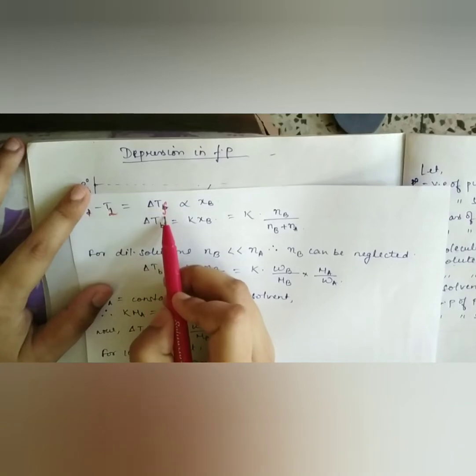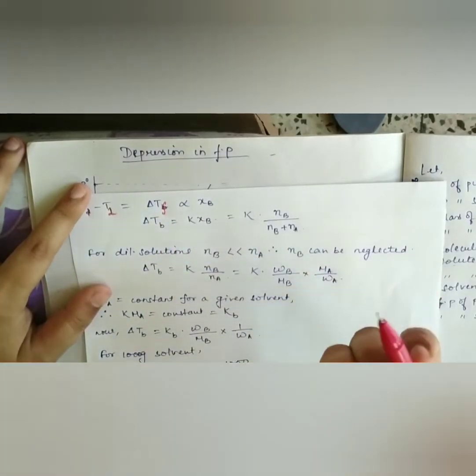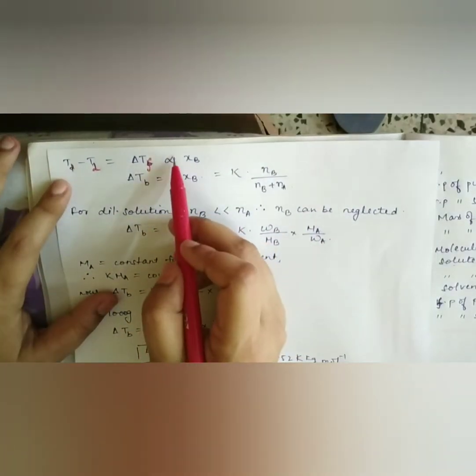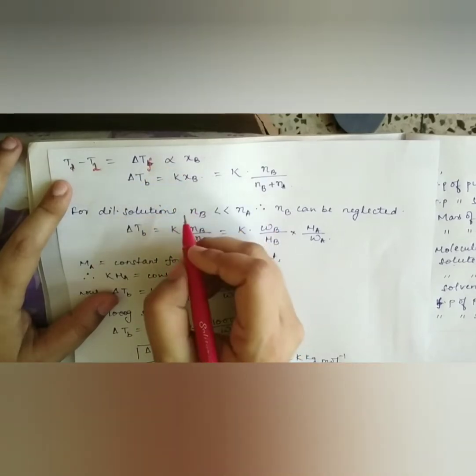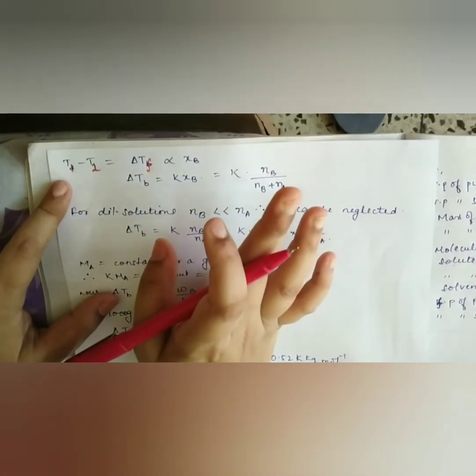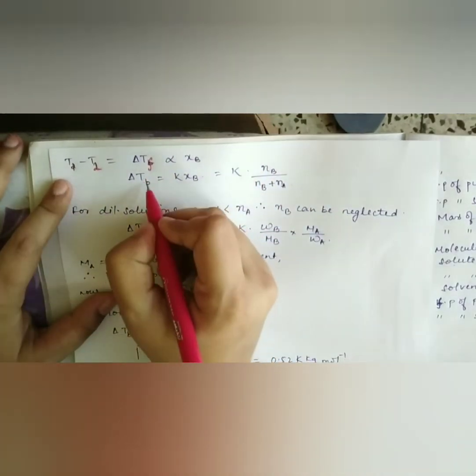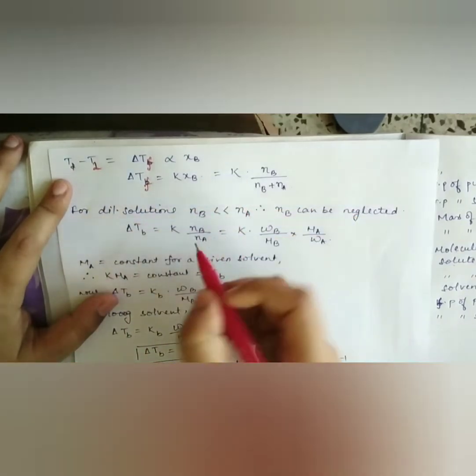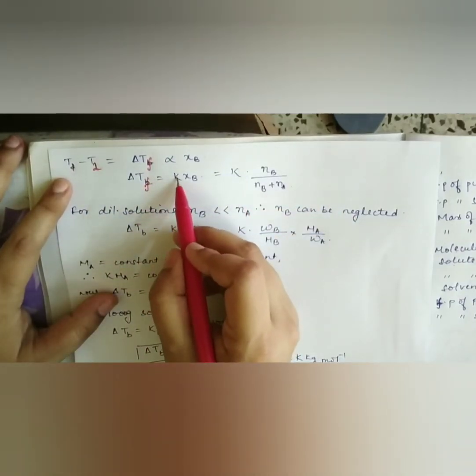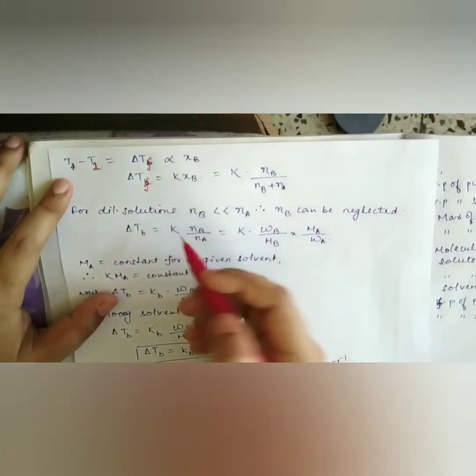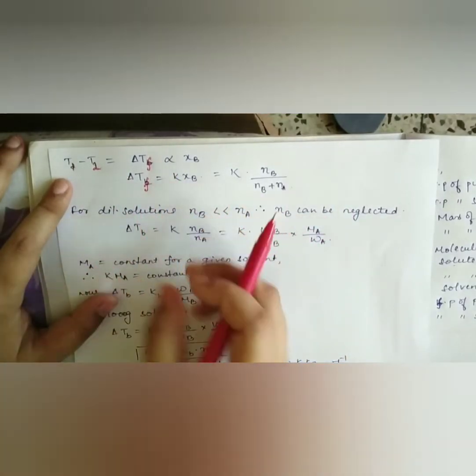So delta TF, since again it is a colligative property, will be directly proportional to XB. Okay, so again delta TF will be equal to K XB. We bring the constant in order to make the equation equal.